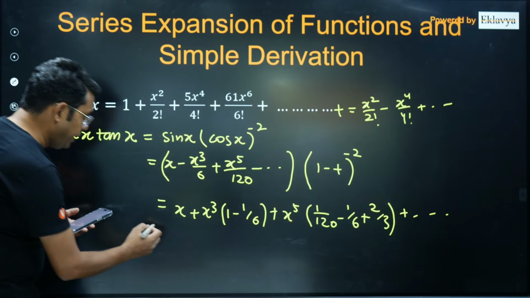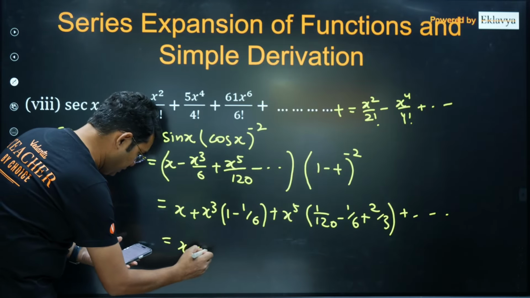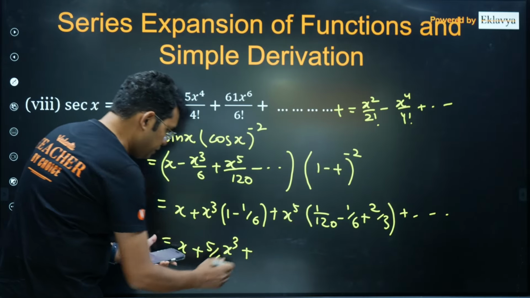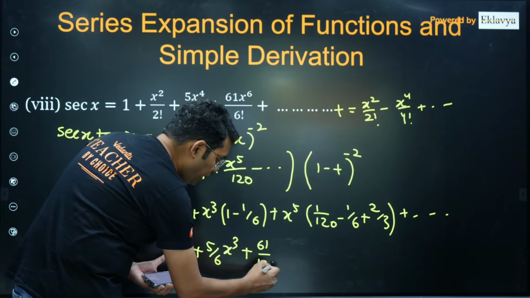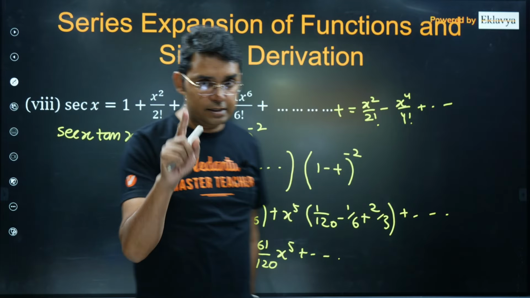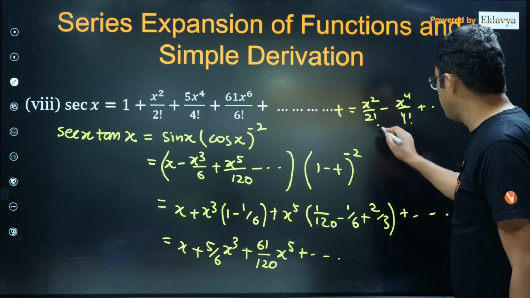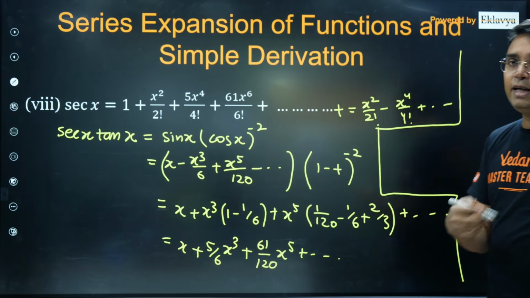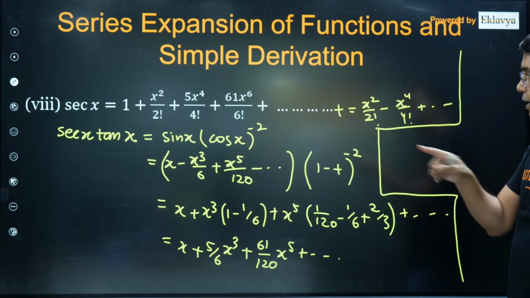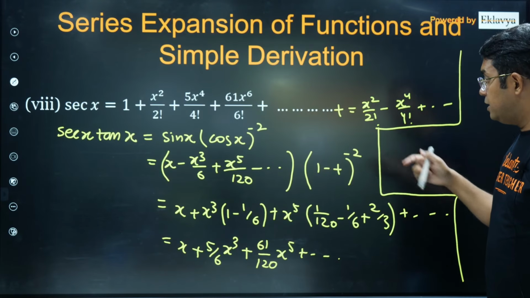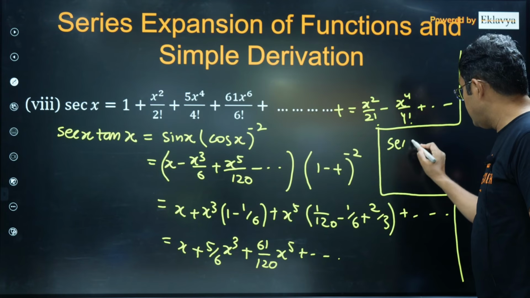So if you simplify it, it becomes x plus 5 upon 6 x cube plus 61 upon 120 x power 5 and so on. Now in this case there is a small difference. Please understand, if you integrate from 0 to x, your secant x will be this.